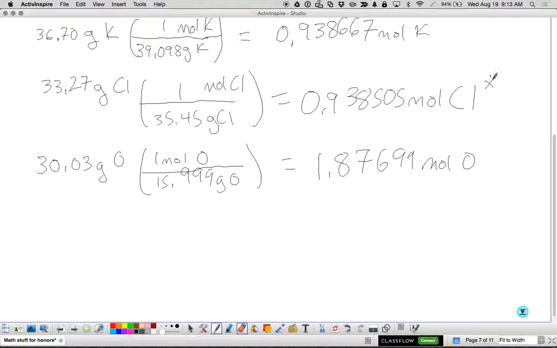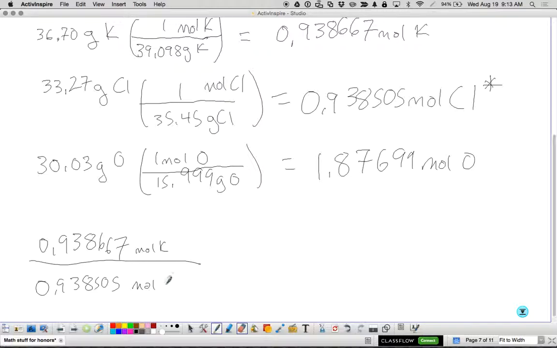So this one has the smallest number of moles is 1, right? In the ratio, you hope that the thing with the least number of moles has a subscript of 1. So I'm going to divide everything by the moles of chlorine. I'm going to take my moles of potassium, 0.938667 moles potassium over my 0.938505 moles Cl, and I get basically 2.0 to 1.